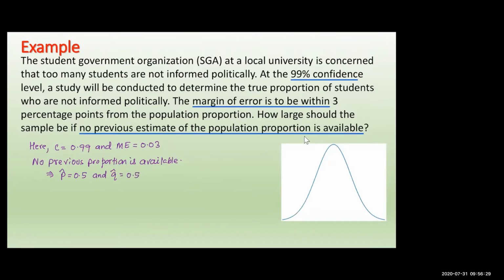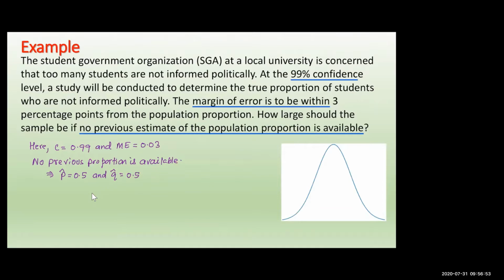This is very important to note: whenever p hat and q hat are not given to you, you make an assumption of 50-50%.